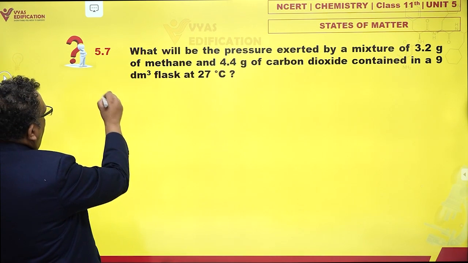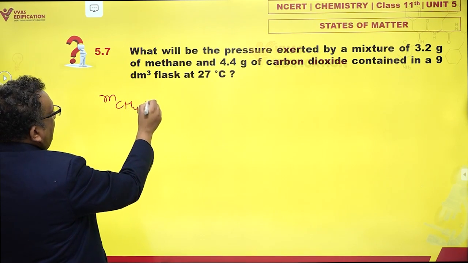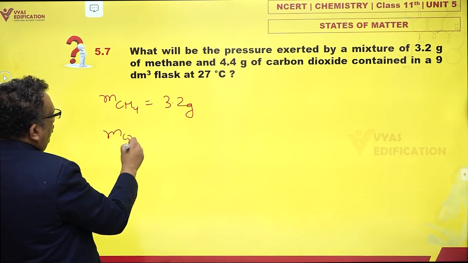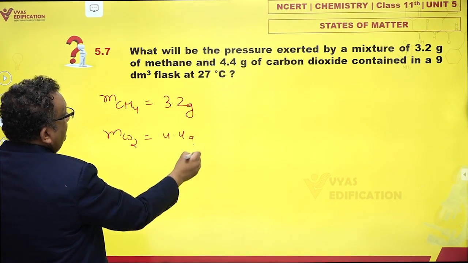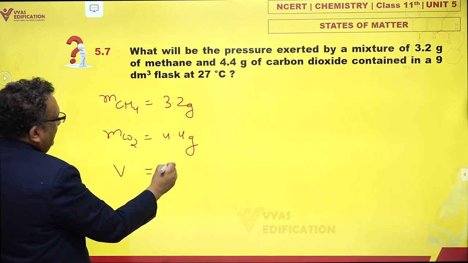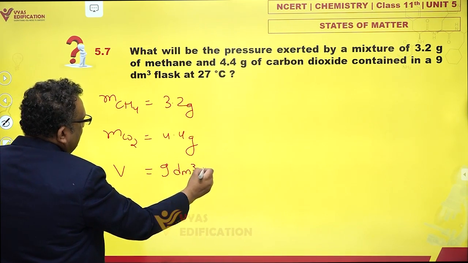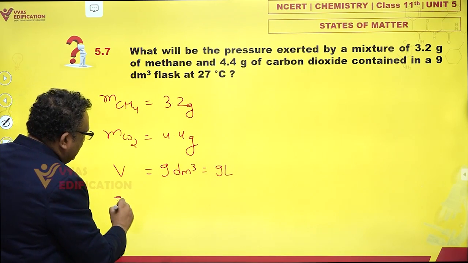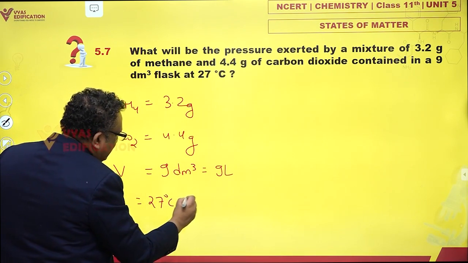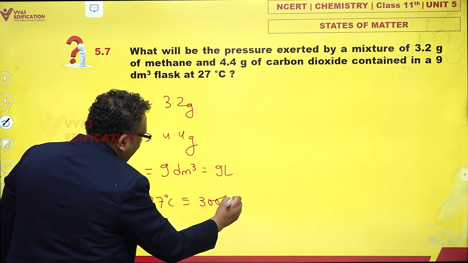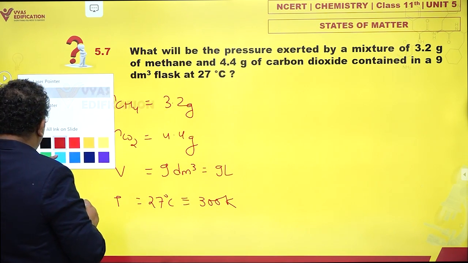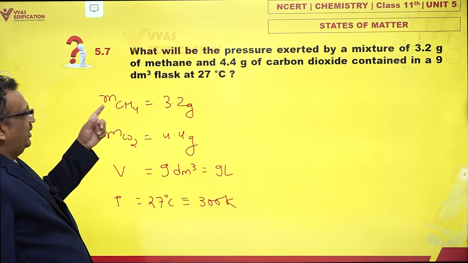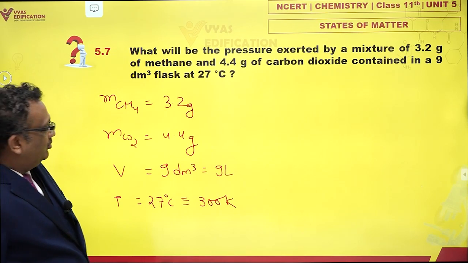So, we have mass of methane as 3.2 grams, mass of CO2 as 4.4 grams, volume is 9 decimeter cube, which is 9 liters because 1 decimeter cube is 1 liter, and temperature is 27 degrees Celsius, which corresponds to 300 Kelvin. You add 273 to degrees Celsius and you get Kelvin. So at this temperature, this volume and these many moles, I'm supposed to find the pressure.